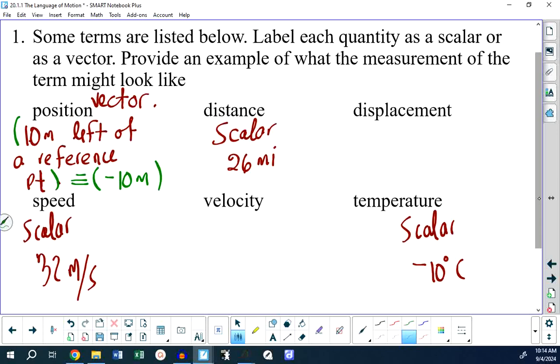And the reason I'm choosing that example is I want you to contrast this position of negative 10 meters with this temperature of negative 10 degrees Celsius. The negative in this 10 meters is telling you a direction. Left is negative. The negative in the negative 10 degrees Celsius is not telling you a direction. So negatives can mean directions, which means they can be associated with vectors, but just because something is negative doesn't mean that's the case.